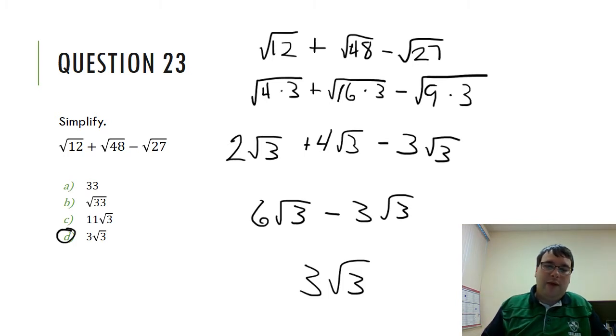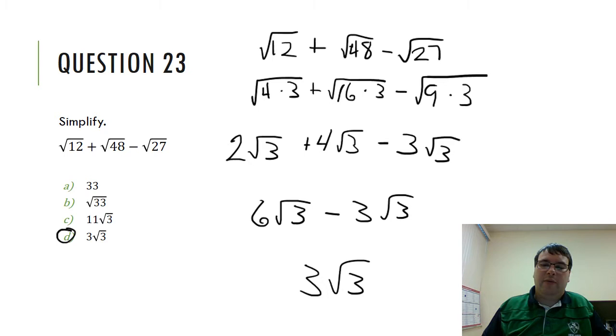So we have that as 2 square root 3. Cool. Let's try 48. Can it break down? Think about it. It'd be 16 times 3, wouldn't it? Is 16 a perfect square? Sure. So that would be 4 square root 3.